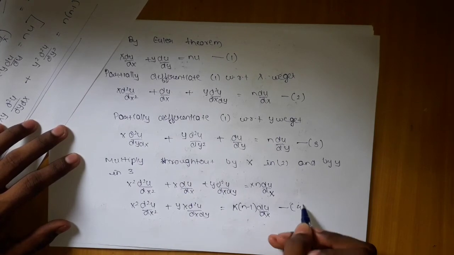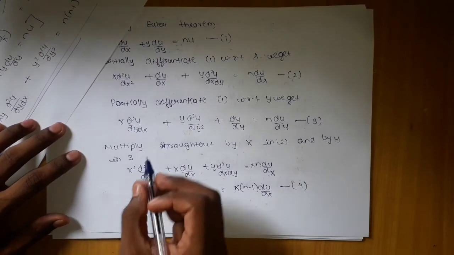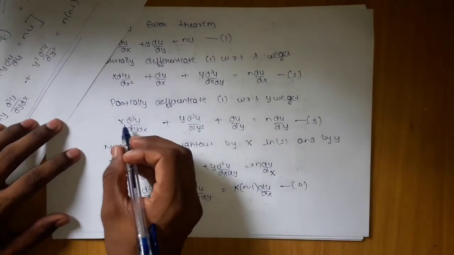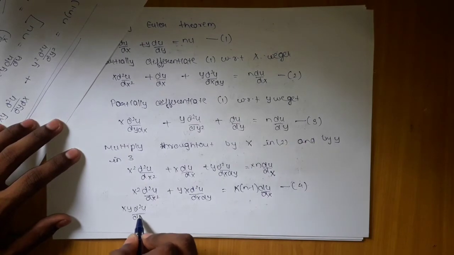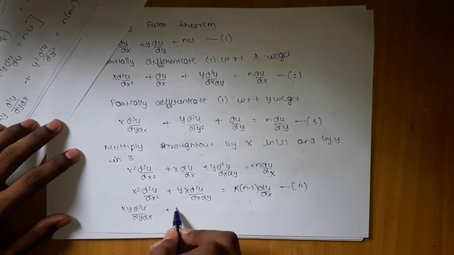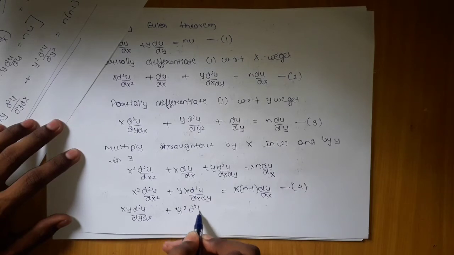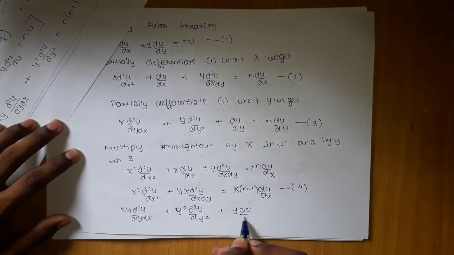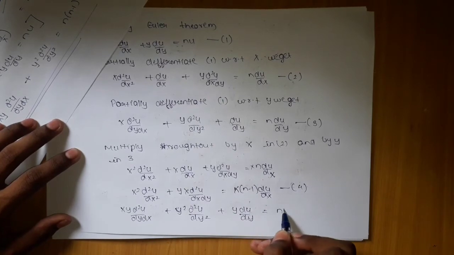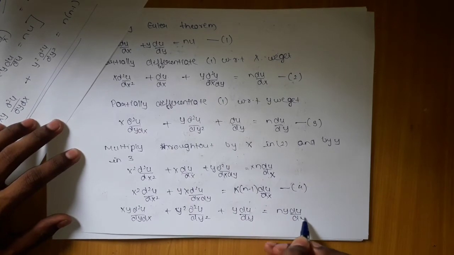Call it fourth. Similarly, if I multiply this by y, I get xy dou square u by dou y dou x plus y square dou square u by dou y square plus y dou u by dou y equals n times y dou u by dou y.